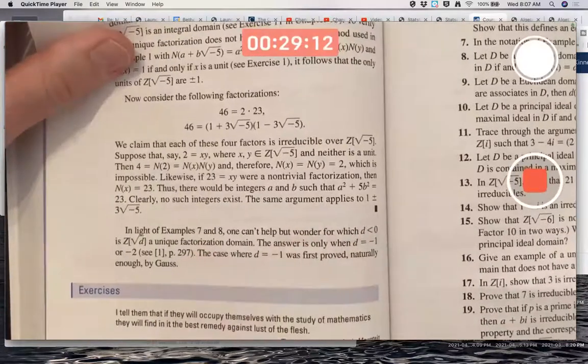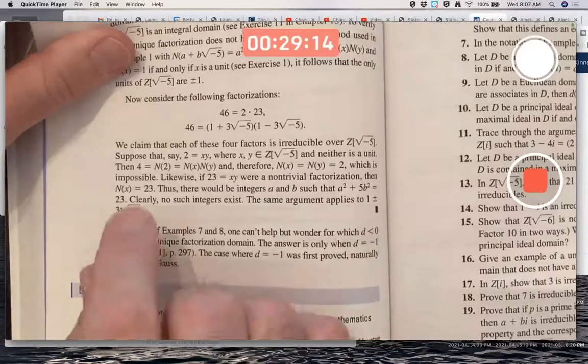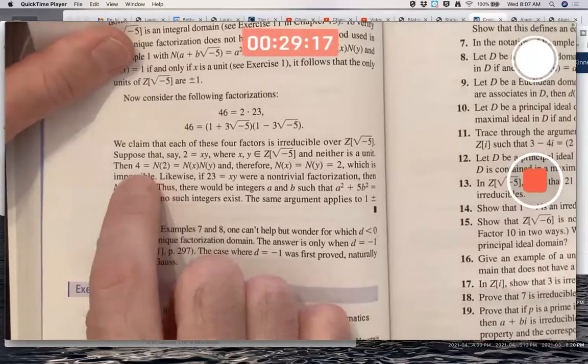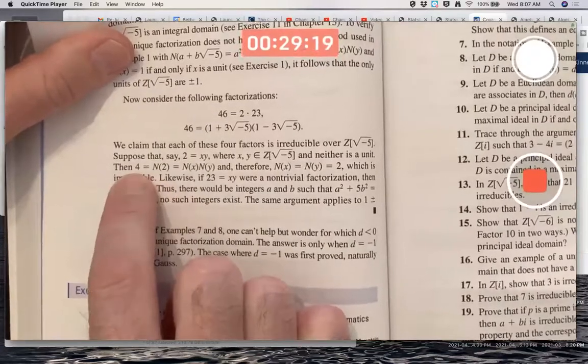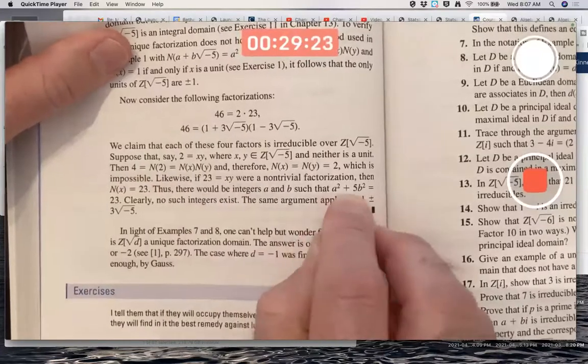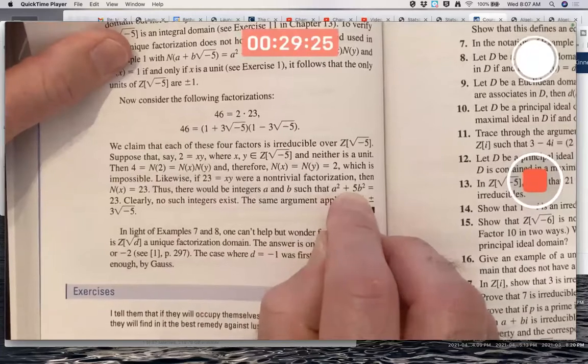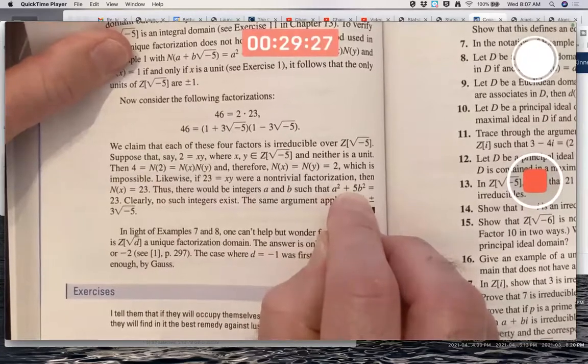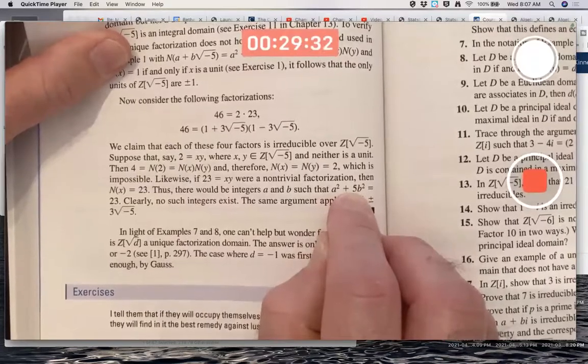So how are those properties used here? Well, n of 2 does equal 4. In the formula here, if you replace a with 2 and b with 0, you get 2 squared plus 5 times 0 squared, you get 4.